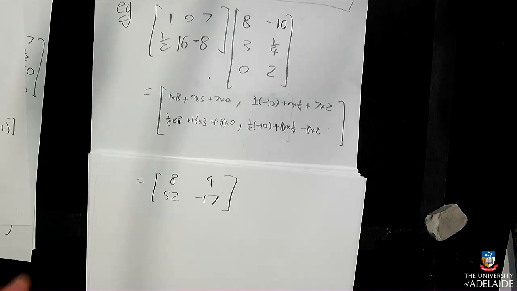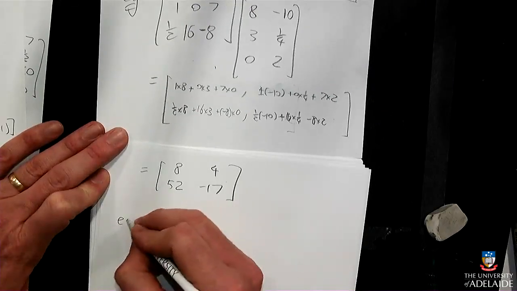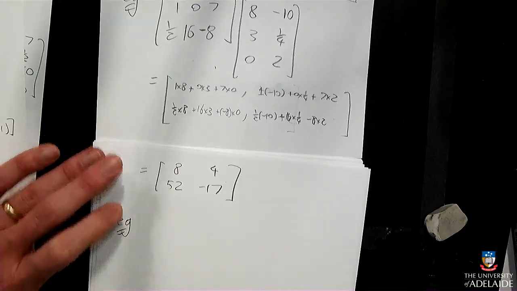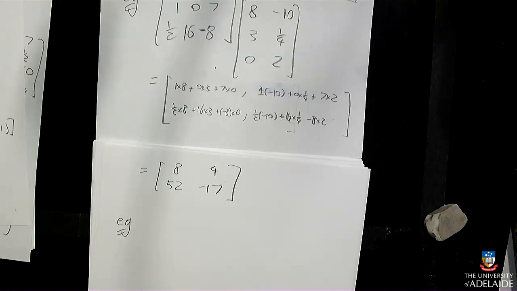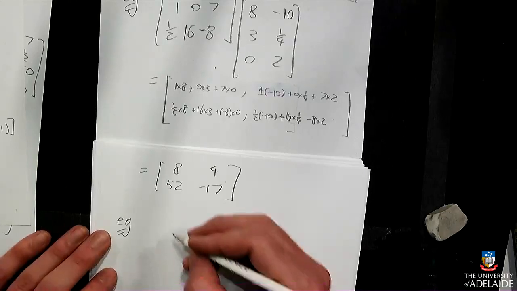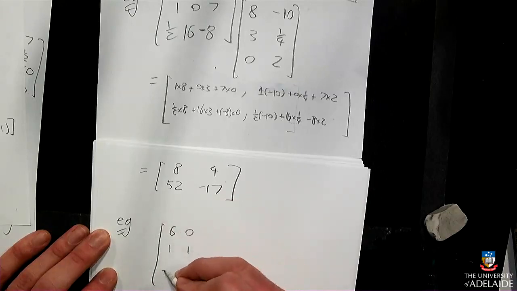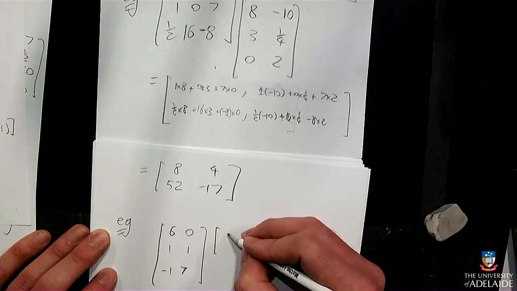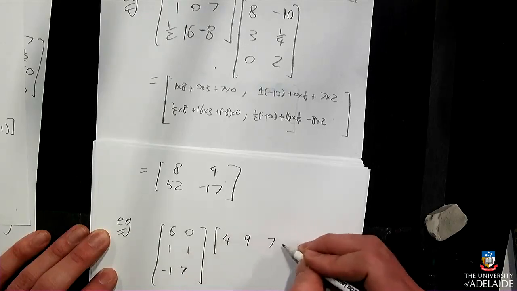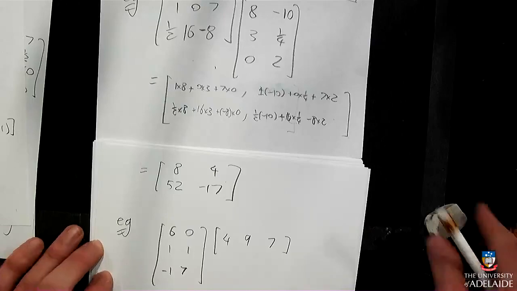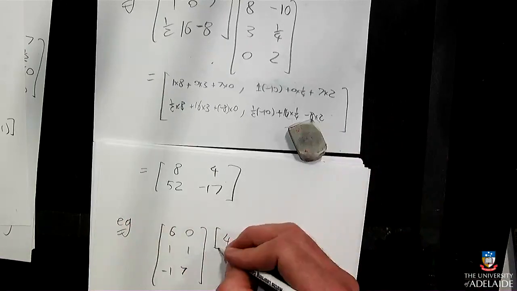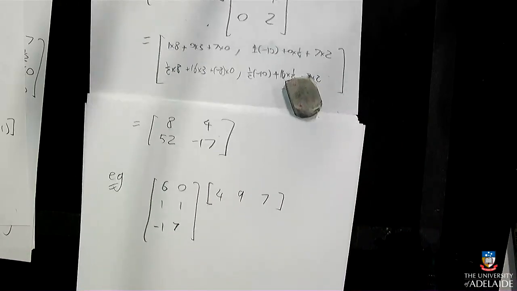So I do need to say something. It is possible to multiply things that are pretty small. So for example, this, for example, is totally possible because, nope, it's not.